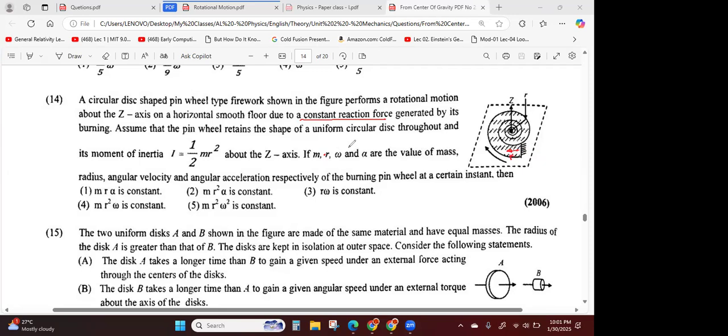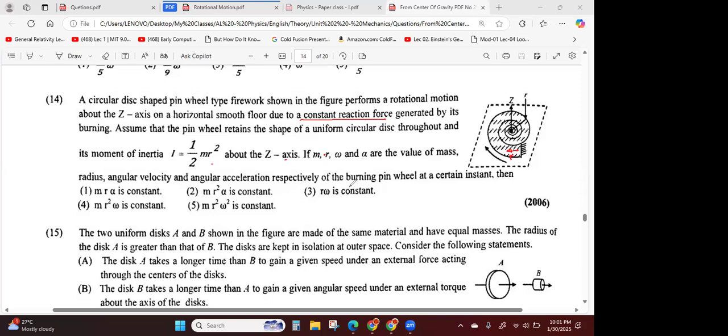Assume that the pinwheel retains the shape of a uniform circular disc throughout. Its moment of inertia is I, and M, R, omega, alpha are the values of mass, radius, angular velocity, and angular acceleration respectively. We want to find which is constant.